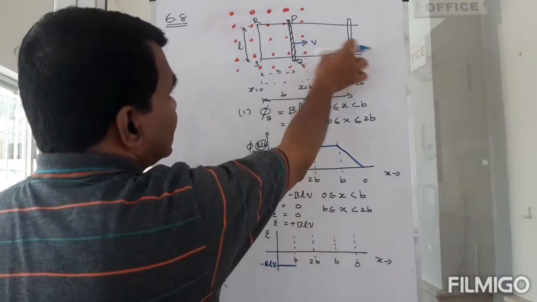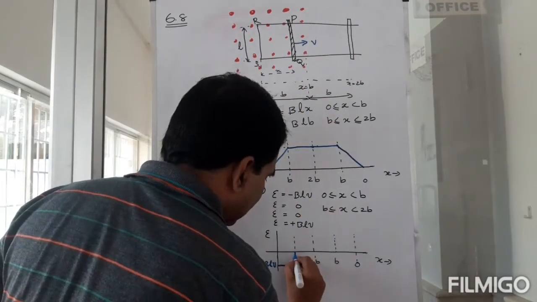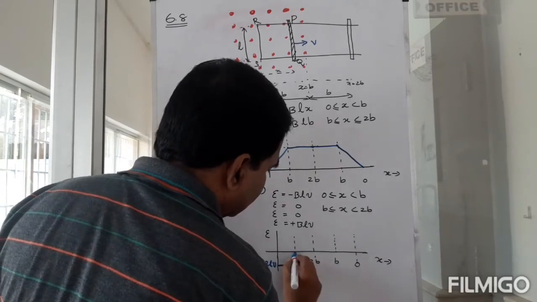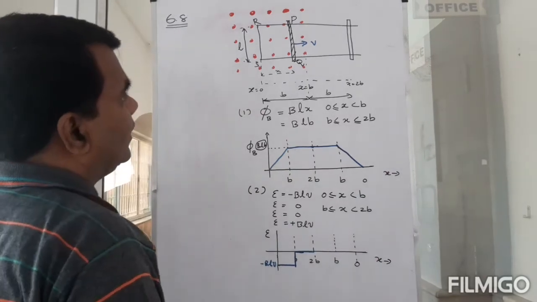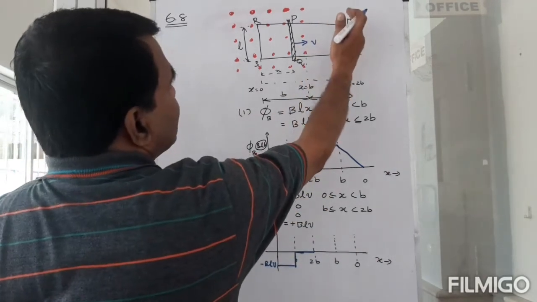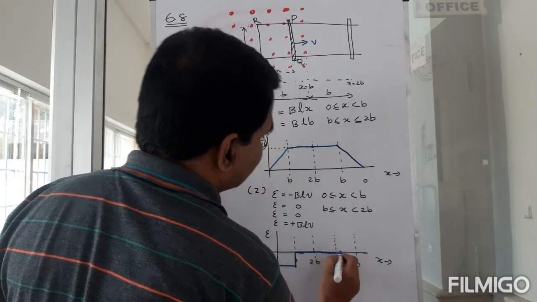And from B to 2B, it's going to be 0 because there is no flux change after that. So it suddenly drops to 0. Then it is 0 like this. And from 2B to B again, it is 0. As you come back also, it is 0.